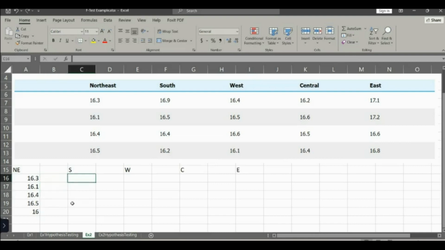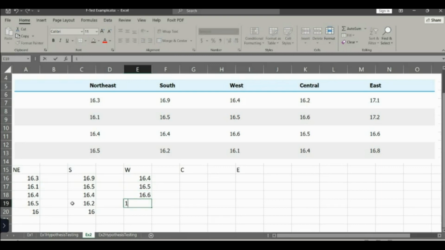The south, we have 16.9, 16.5, 16.4, 16.2, and another 16.0. West, we have 16.4, 16.5, 16.6, 16.1, and then another 16.0. Then 16.2, 16.6, 16.5, 16.4, 16.0 again.